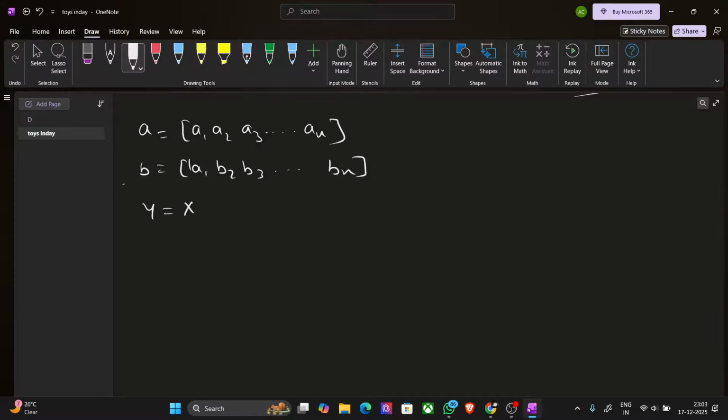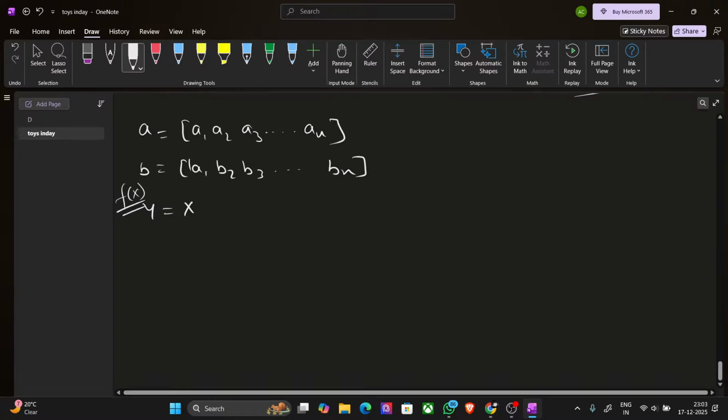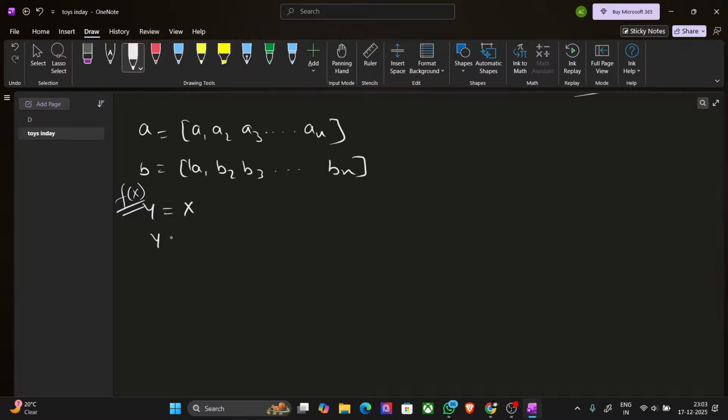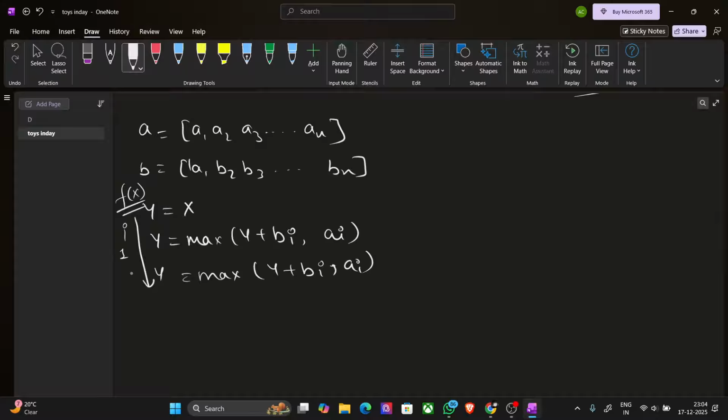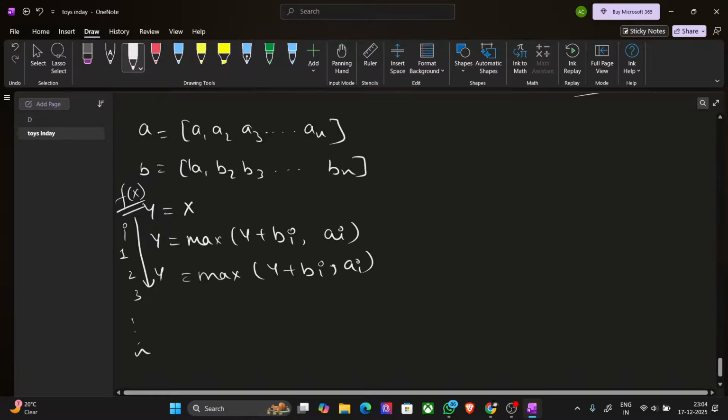For f(x), we start with y equals x. Then in one operation we do y equals max of y plus bi comma ai, and then in another operation we again do y equals max of y plus bi comma ai. Now these operations follow the order of i, which is 1, 2, 3 up to n, right?